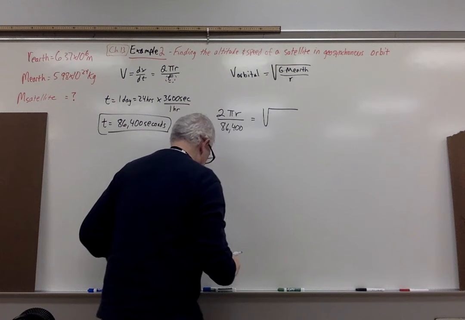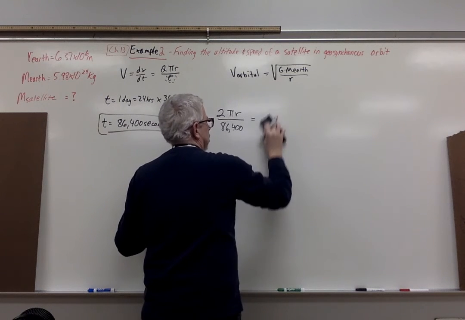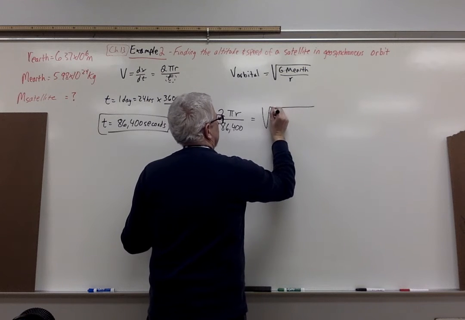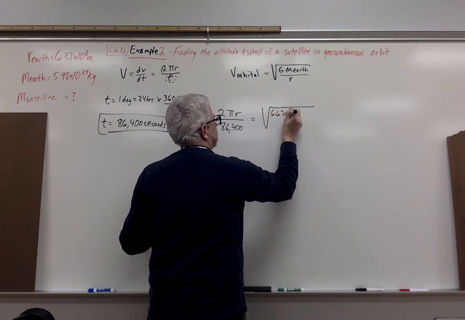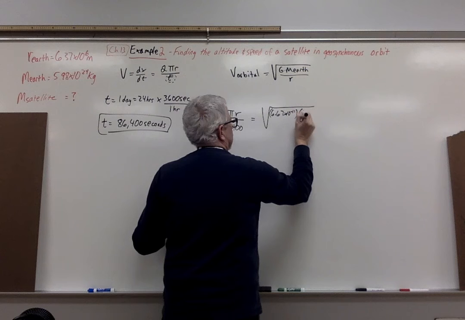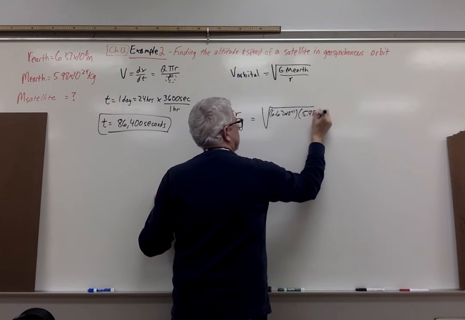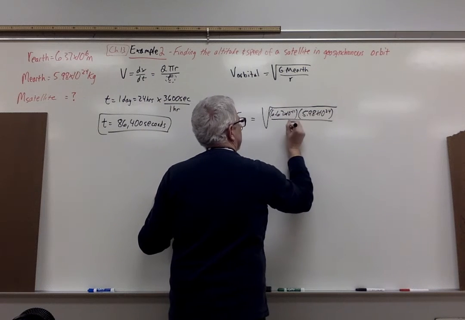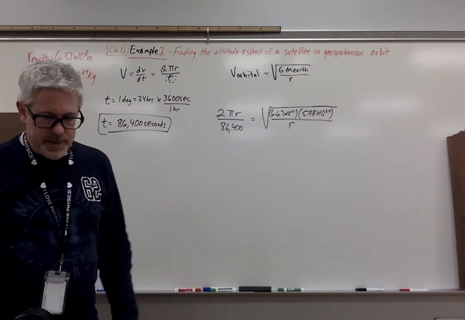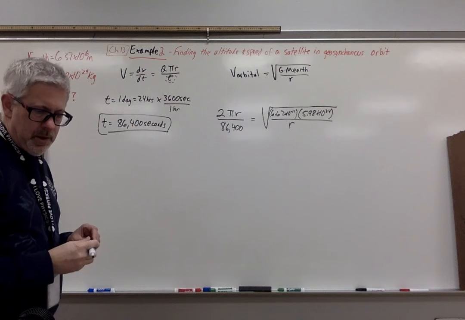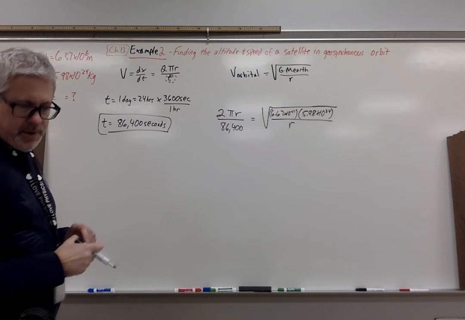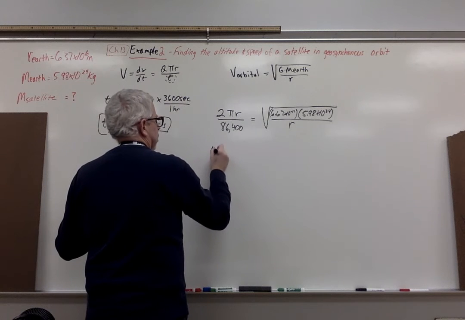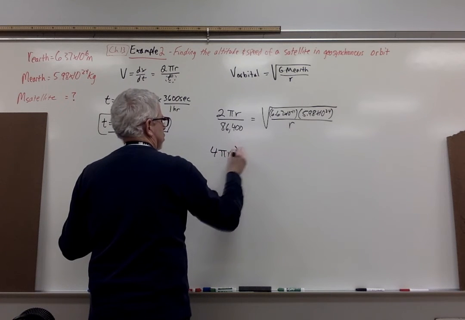So actually I'm going to put numbers in at this point, except for R. G is 6.67 times 10 to the negative 11th. Mass of the Earth, 5.98 times 10 to the 24th. Extend that square root, and all that over R as well. It helps me when I square everything on both sides. So I end up getting 4 pi r squared.